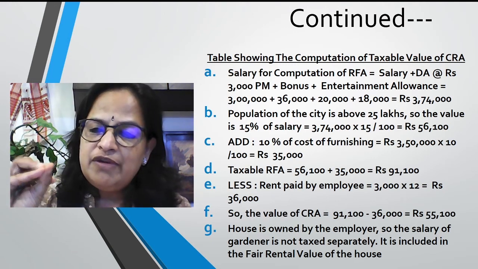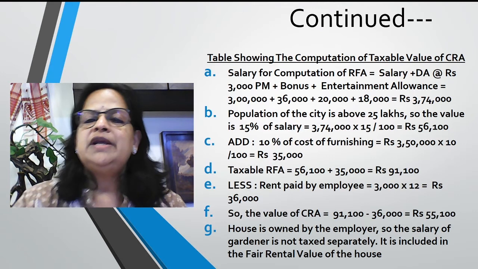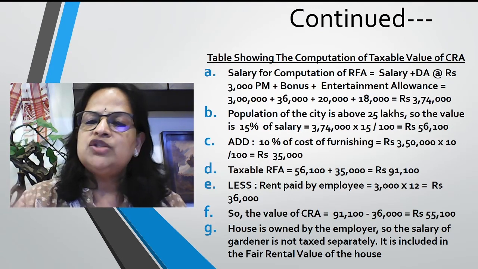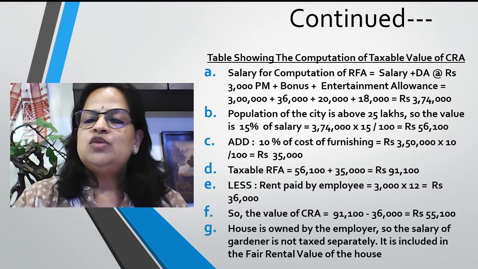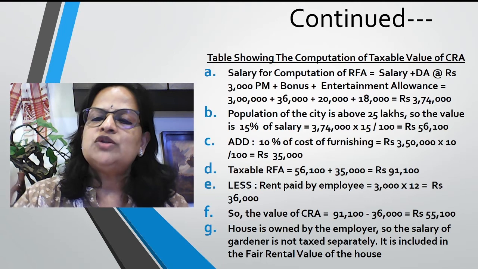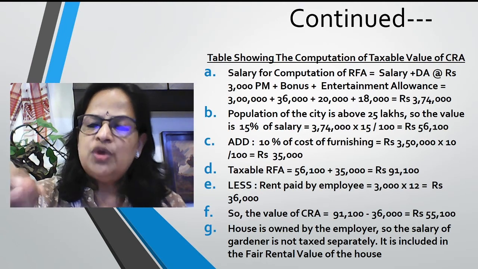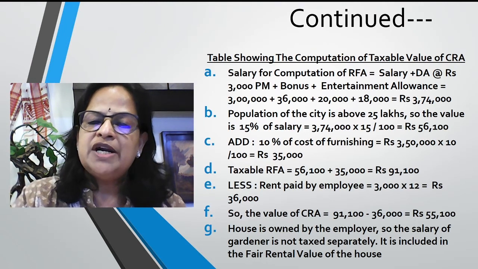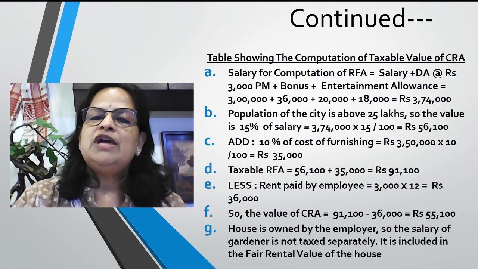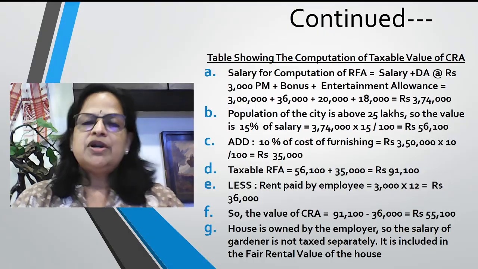So from the RFA value 91,100, the rent paid by employee, 36,000, that is 3,000 into 12, will be deducted. So the value of CRA, concessional rental accommodation, is 55,100. The house is owned by employer, so the salary of gardener is not taxed separately. It is included in the fair rental value of the house. This is an important adjustment.